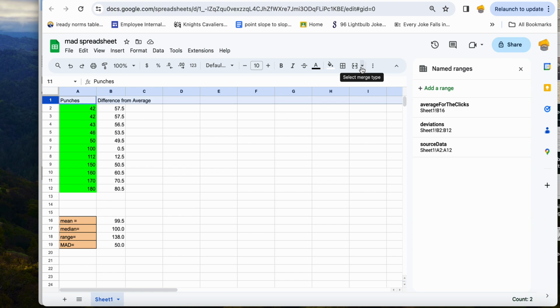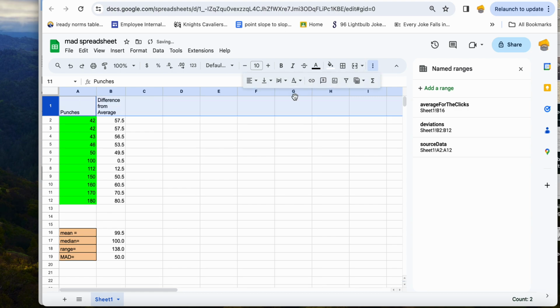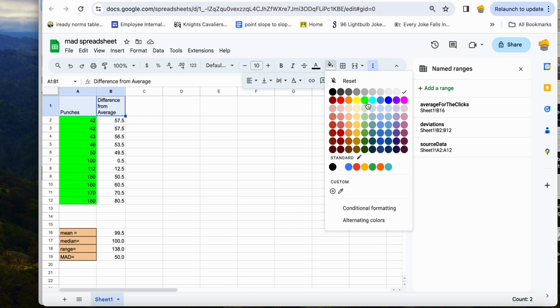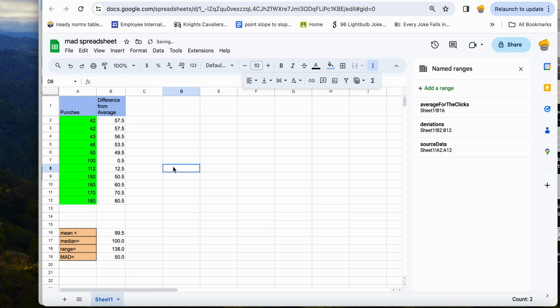So we're going to do the wrapping over there. Okay, so then we got a wrap there. You want to make your header a little bit different, so let's make it, say, a light blue. Okay. And so you got that.